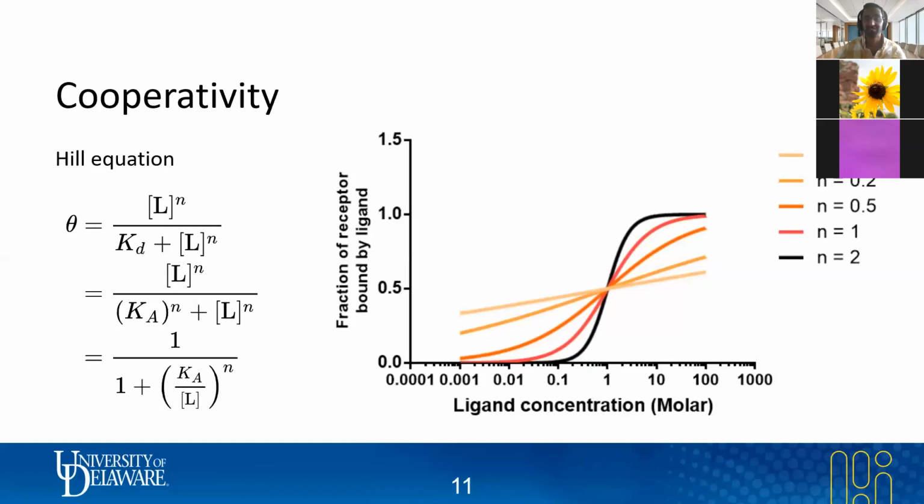enter this lytic phase. And so Lambda actually, it was known a long time ago that Lambda has cooperative binding. It has a repressor, the Lambda repressor. It binds cooperatively to multiple sites across its genome, which activates its own expression, and it represses the genes that are required for cell lysis.